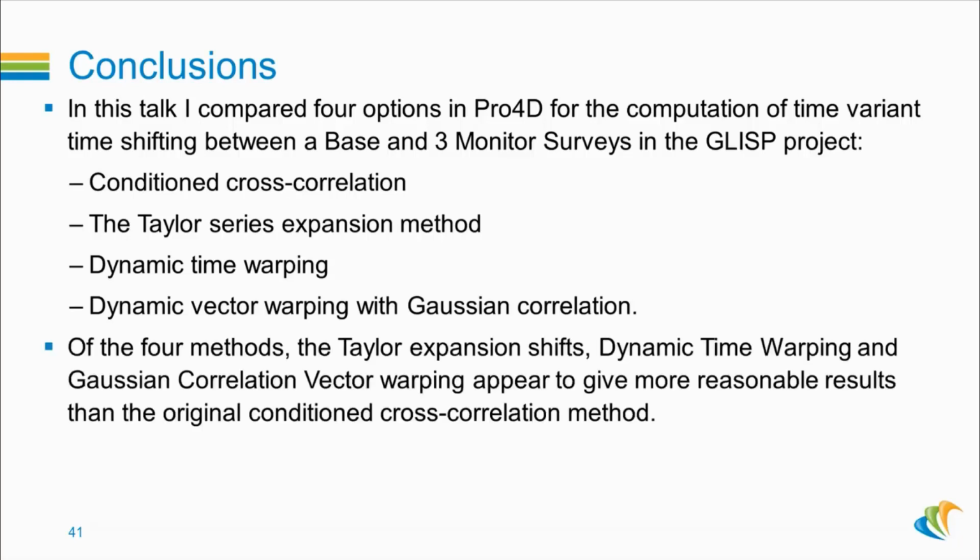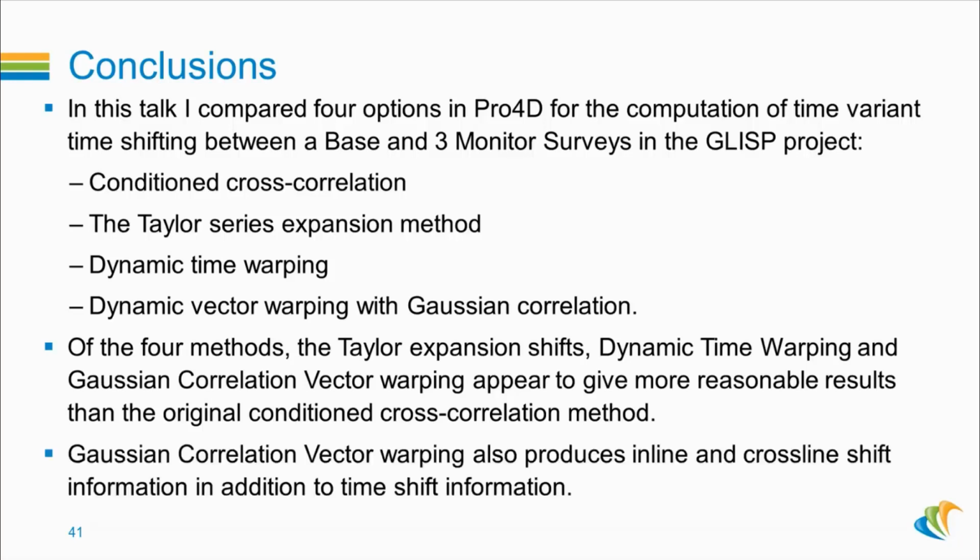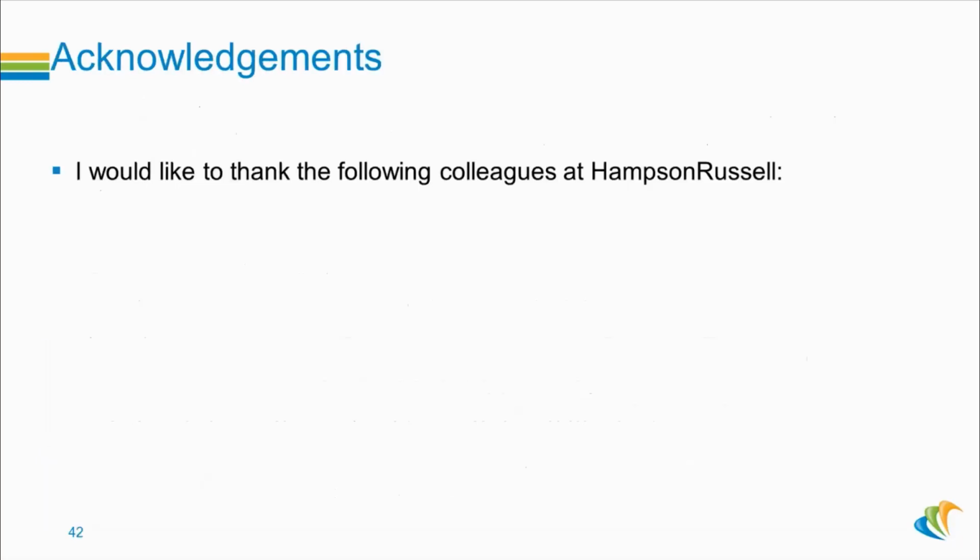Of the four methods, the Taylor expansion shifts, dynamic time warping, and Gaussian correlation vector warping appear to give the most consistent and reasonable results, more so than the original condition correlation method, although the cross correlation method also gave reasonably good results. And also the big advantage of the Gaussian correlation vector warping is it produces inline and crossline shift information in addition to time shift information.